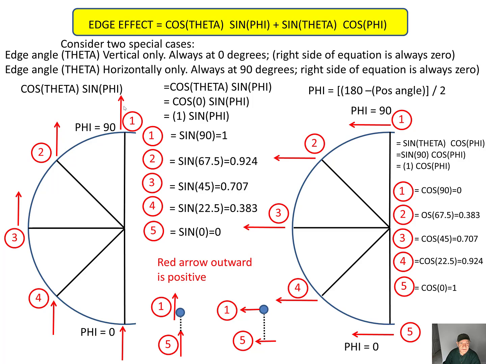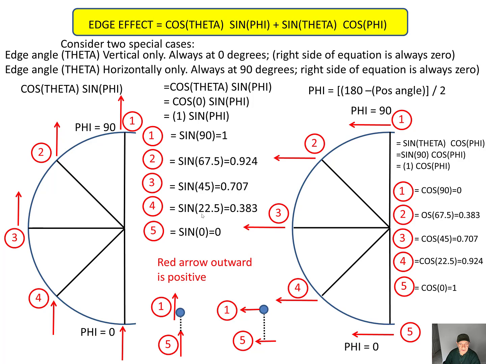And since theta is always 0, cos of theta is 1. So the only thing that's going to change as we move the vertical component will be the sine of phi. In the first position, phi is at 90 degrees, so it's vertical, so the effect is 1. On position 2, the effect will be 0.924.